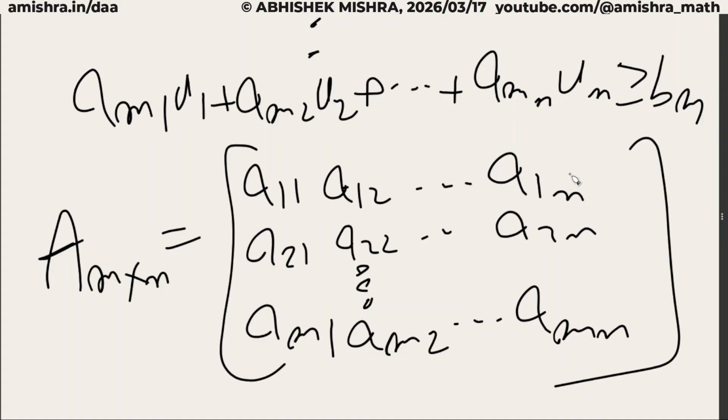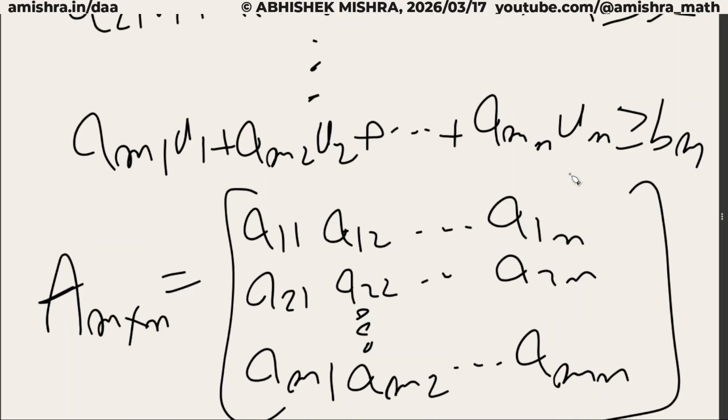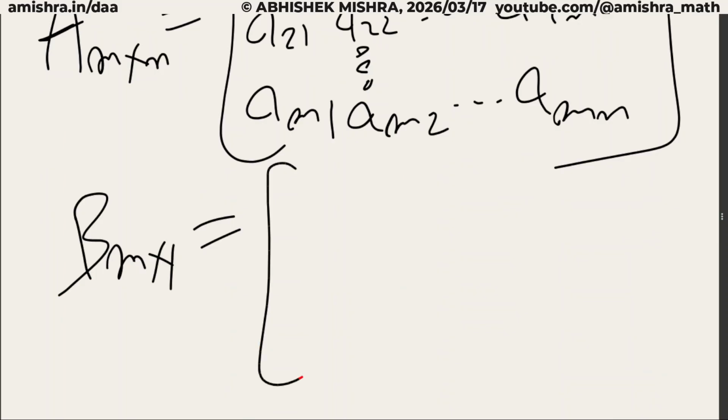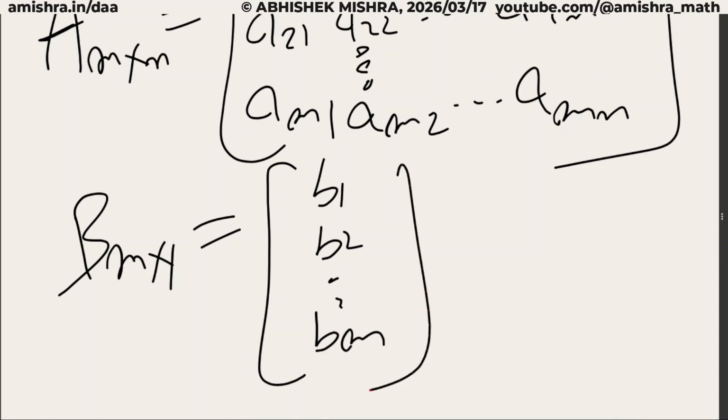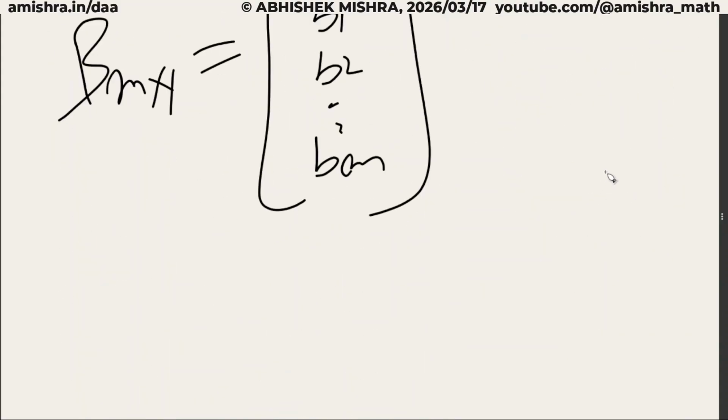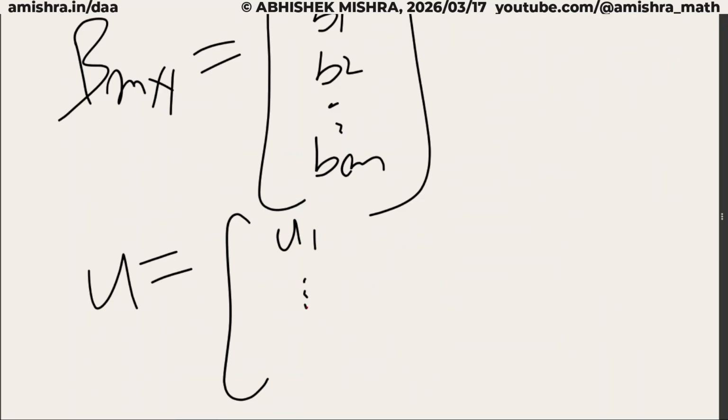So we create a matrix. Similarly, we create matrix B. B is an m cross 1 matrix: B1, B2 goes up to Bm. We can also make the variable matrix U: U1 up to Un.